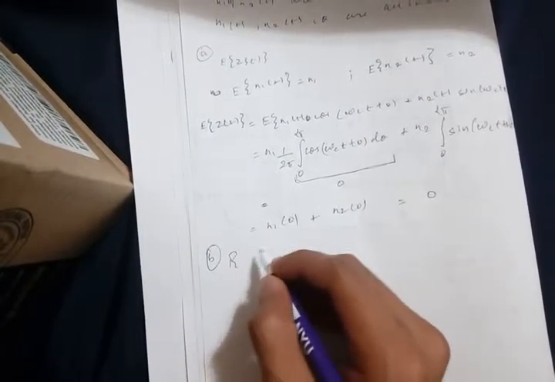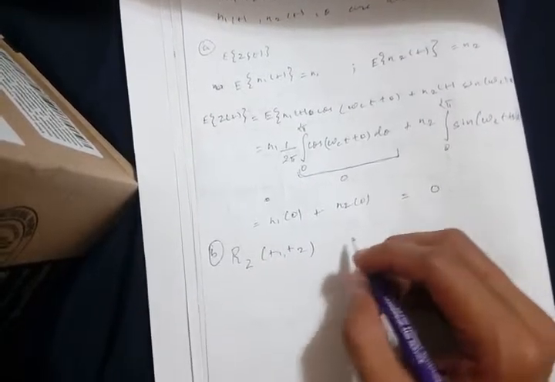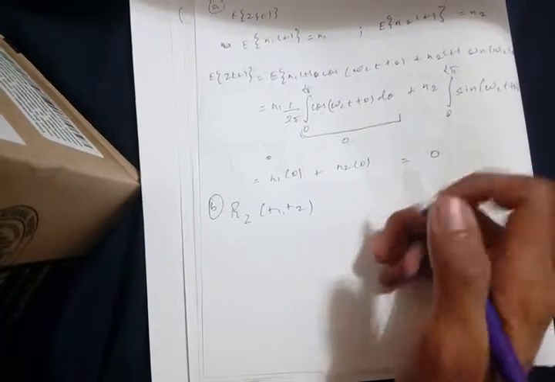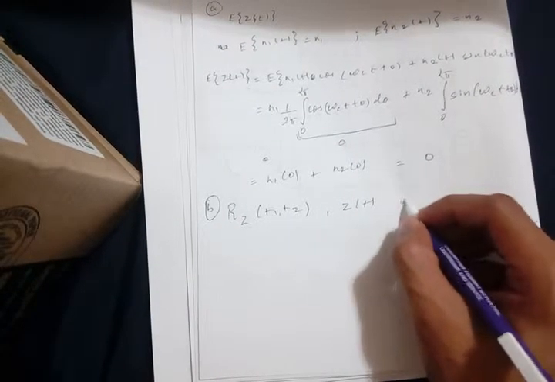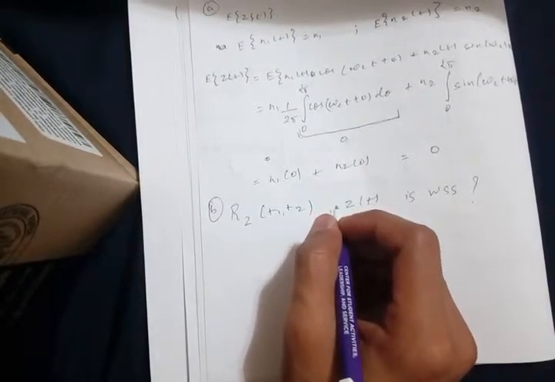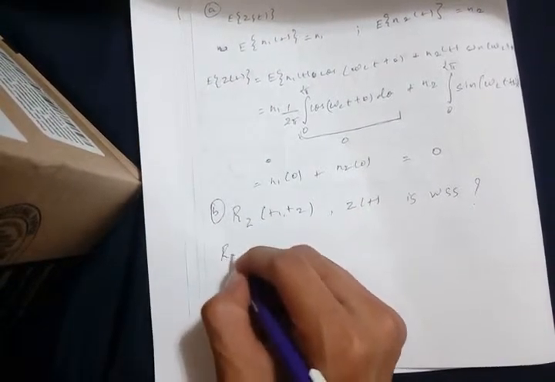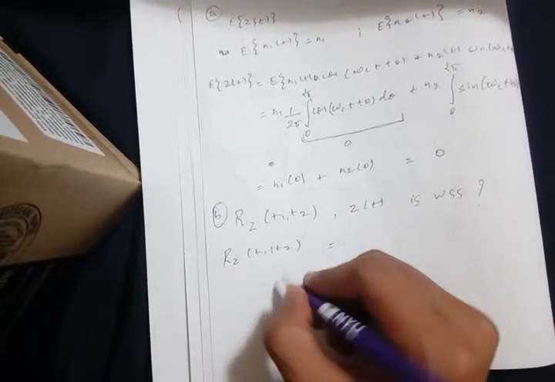The second part is, we need to find the autocorrelation at times t1 and t2, and we also need to say whether z of t is WSS or not. So for that, let's find the autocorrelation first.